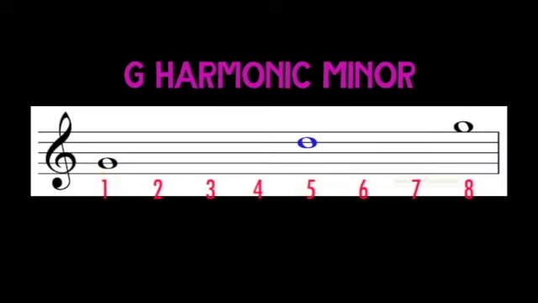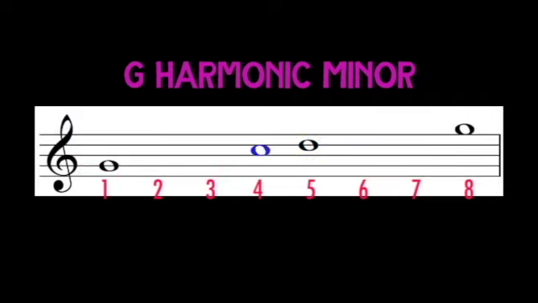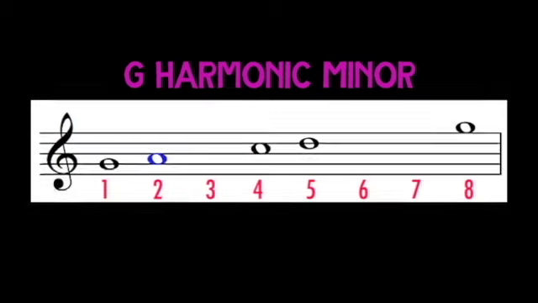So that would make this a D. And the 4th scale degree is a perfect 4th up from the 1st scale degree, making that a C. And then finally the 2nd scale degree, which is a major second or whole step up from the 1st scale degree, and that would be an A.